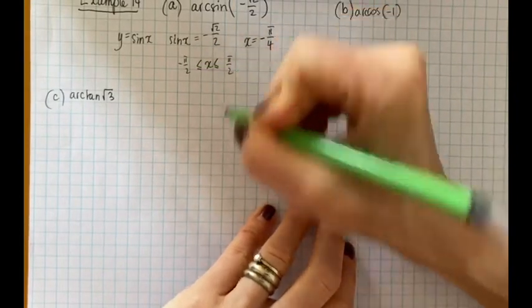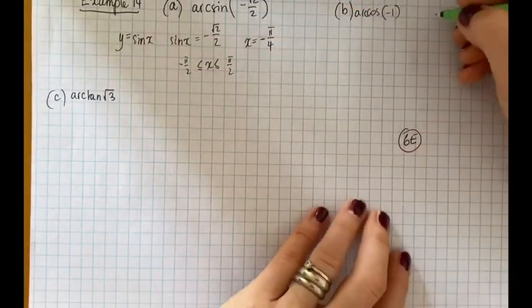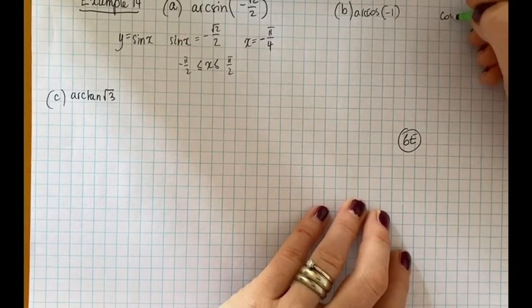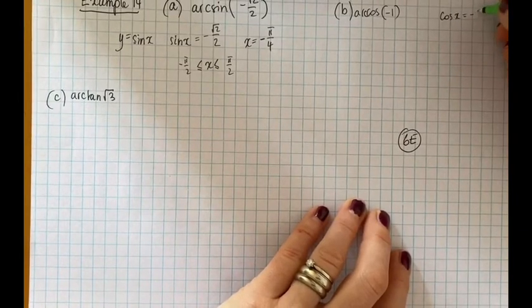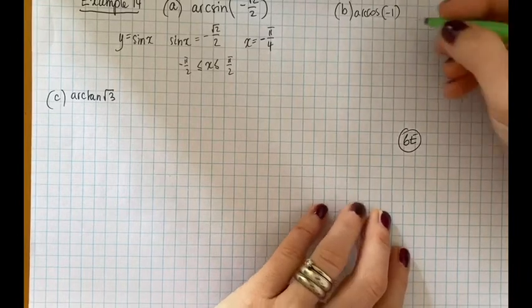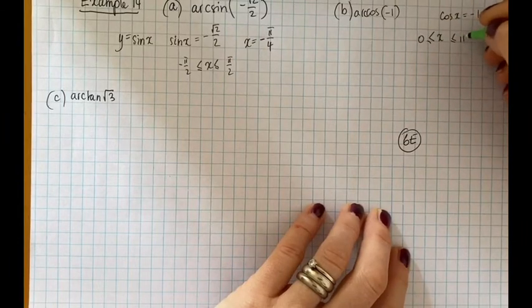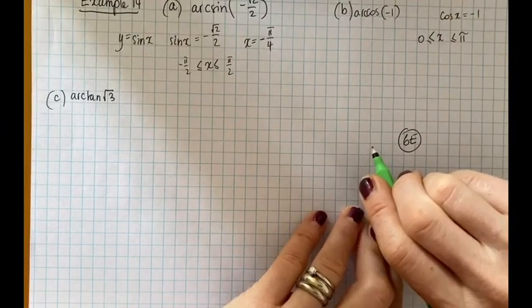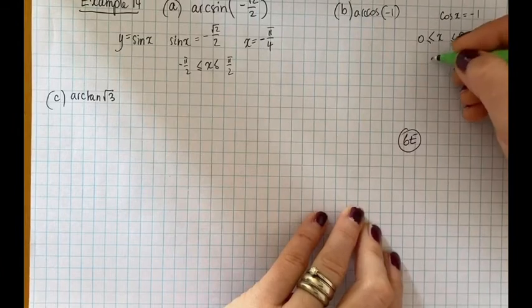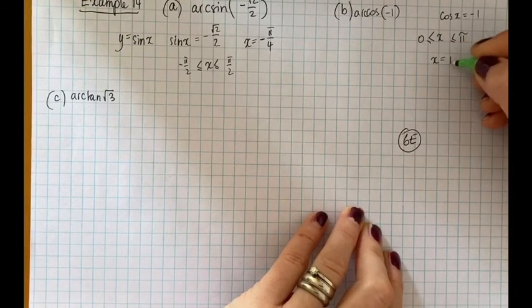You're only looking at that part of the graph. Arccos, so really, you must have cos x is equal to minus 1. Remember, for x in this particular instance, it goes from 0 up to pi. So you need to find the value when it's equal to minus 1, so x is equal to pi.